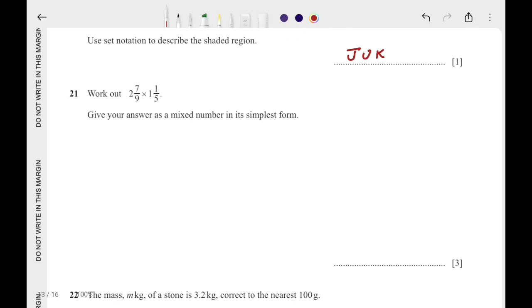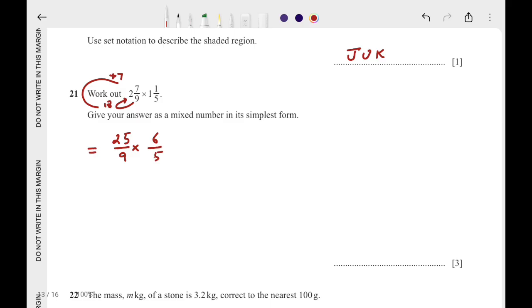Next question. Work out 2 and 7 over 9 times 1 and 1 over 5. So we'll change the mixed numbers into improper fractions. 9 times 2 is 18, 18 plus 7 is equal to 25. So 25 upon 9 times 5 times 1 plus 1, 6 upon 5.